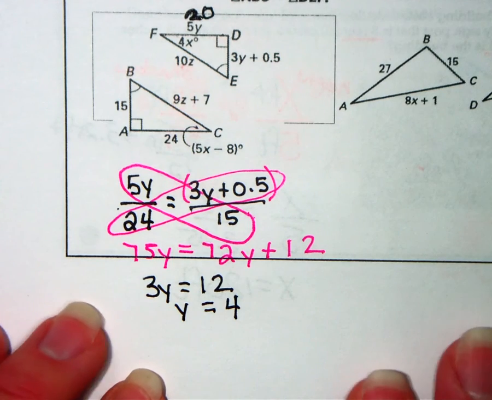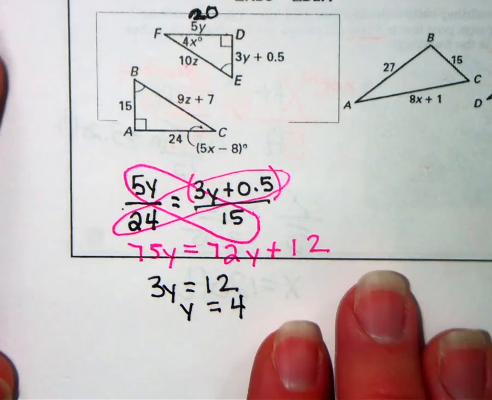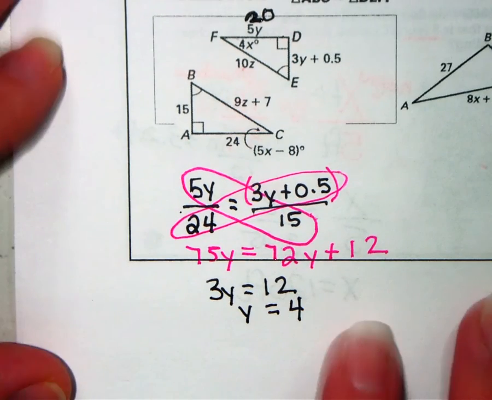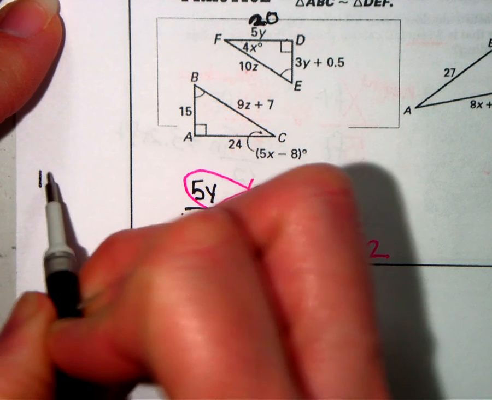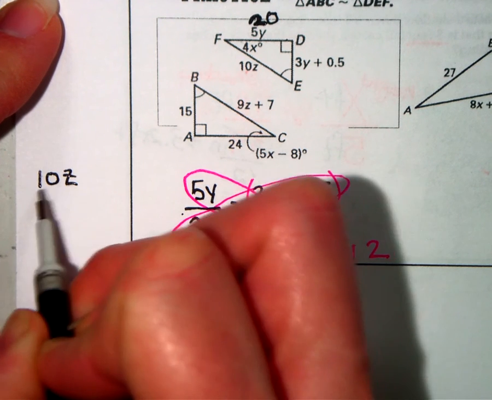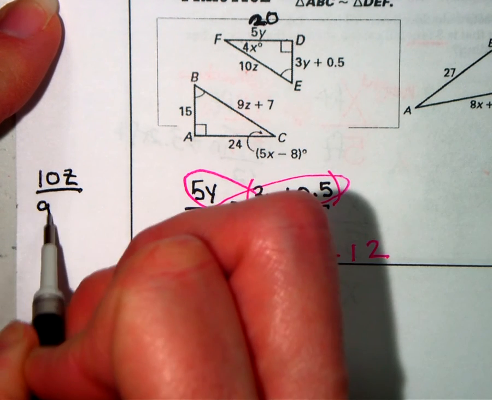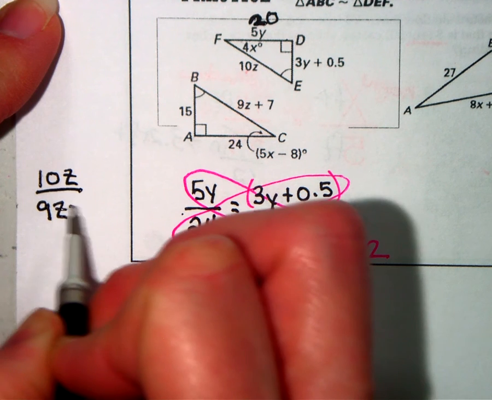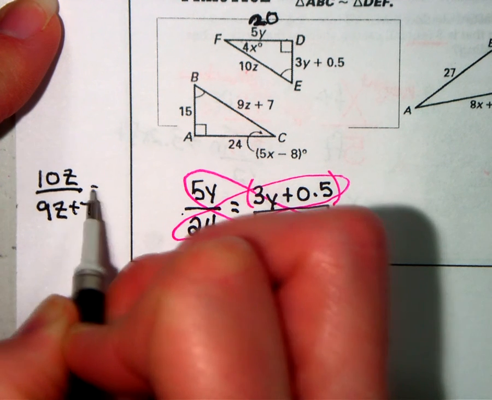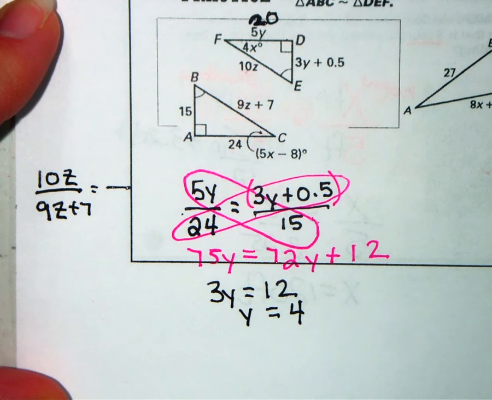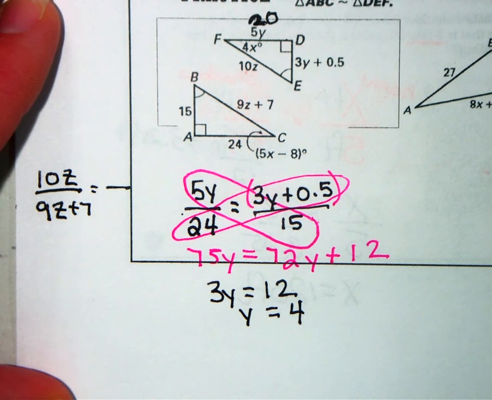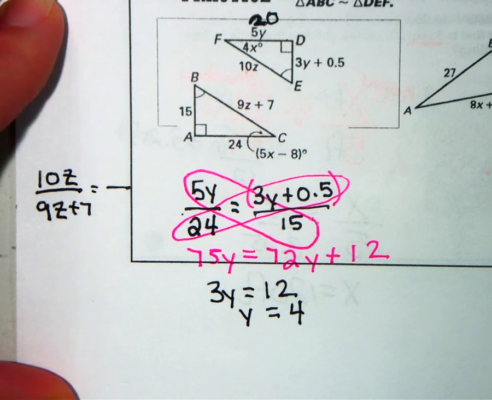So I'm going to put that 10z on the top. So again, how I set up my proportions is I always make sure to put what I'm looking for on the top. So I've got 10z, make sure to get that in the problem. So 10z is what I'm looking for. 10z goes with 9z plus 7 on the other triangle. So then go back to the 10z triangle and give me a number.